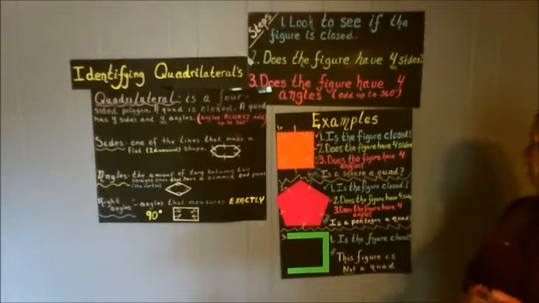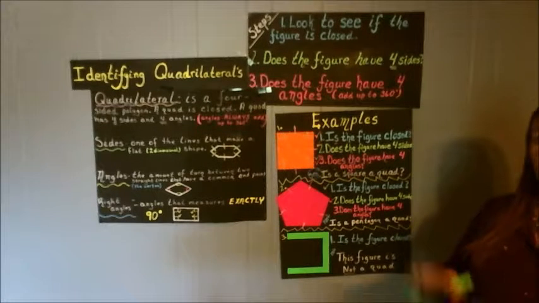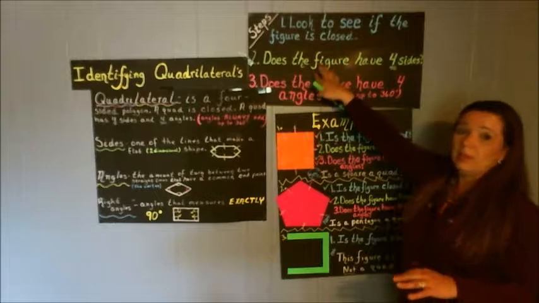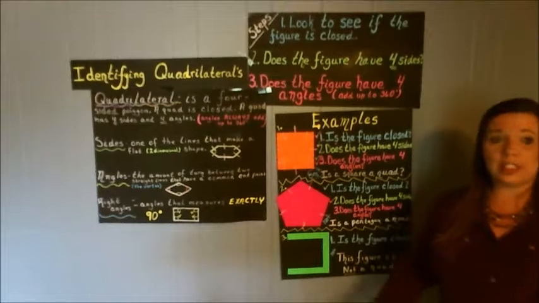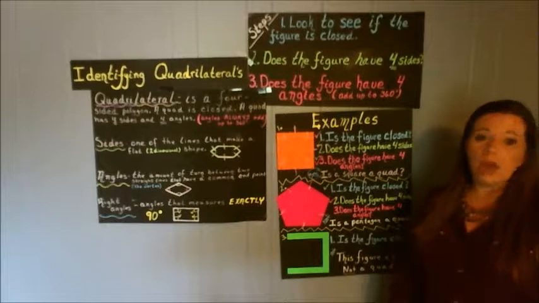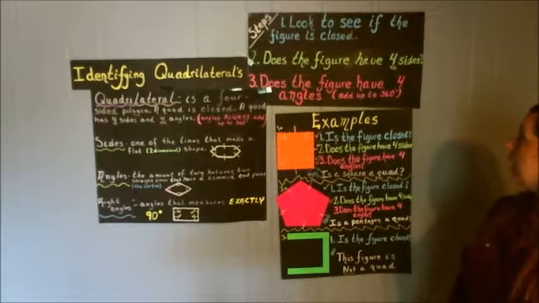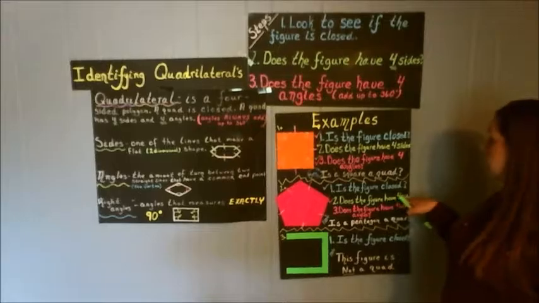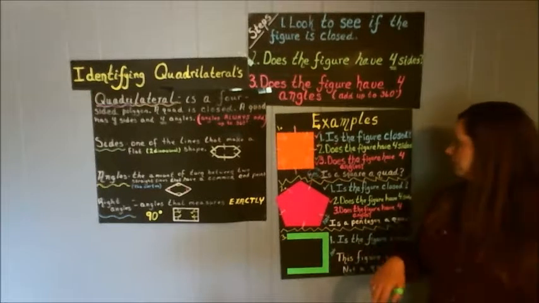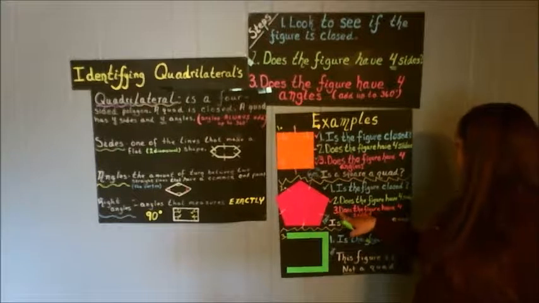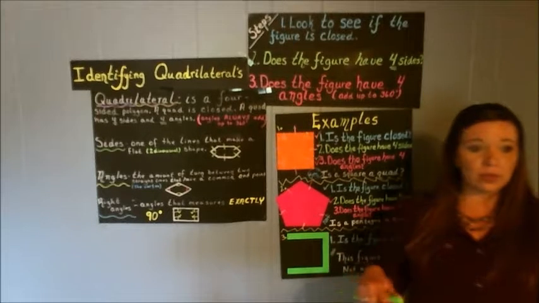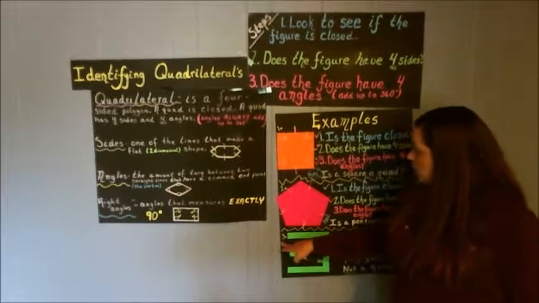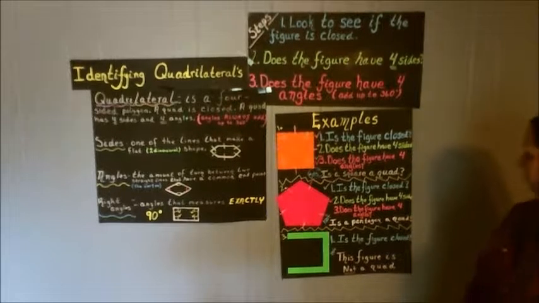It has 5 sides. So if it has 5 sides and we're on step number 2, you would just stop. It is not a quadrilateral, because a quadrilateral has to have four sides. So is a pentagon a quadrilateral? No. Good.